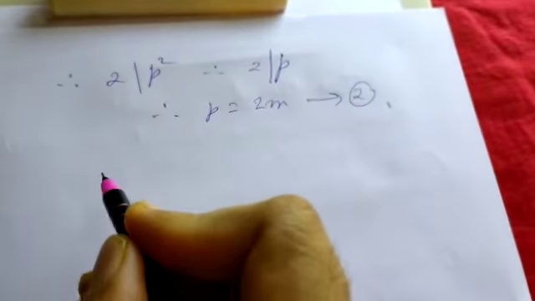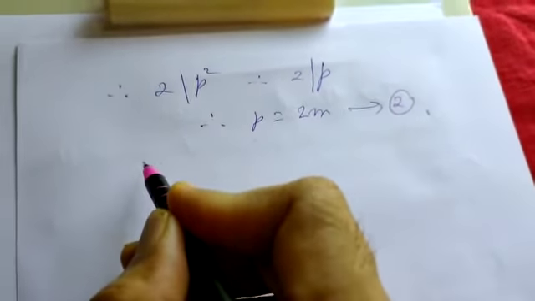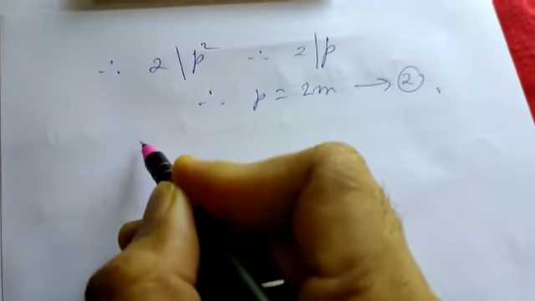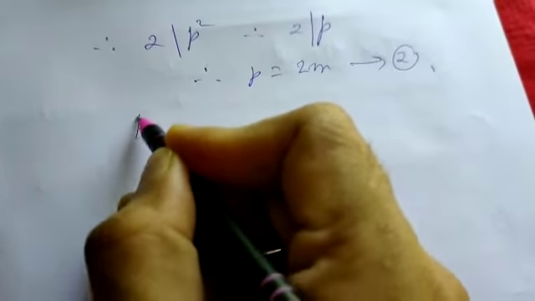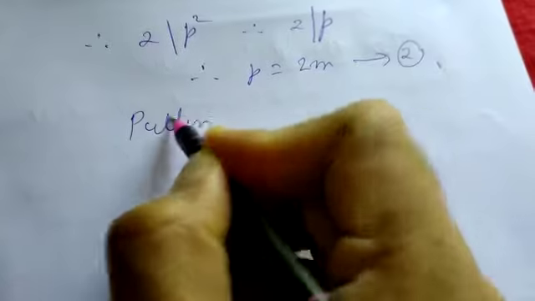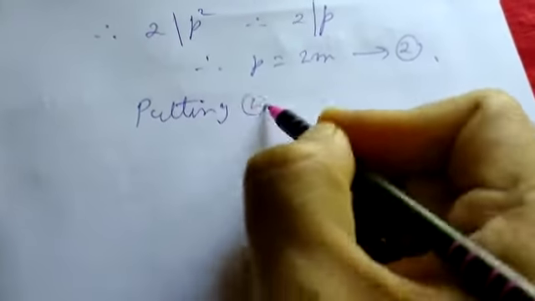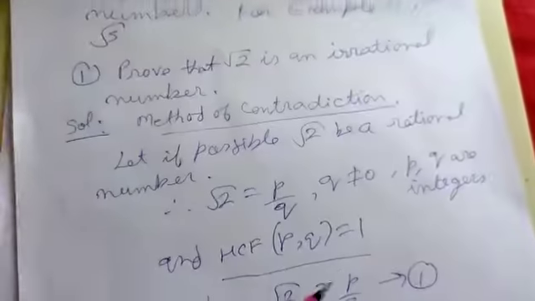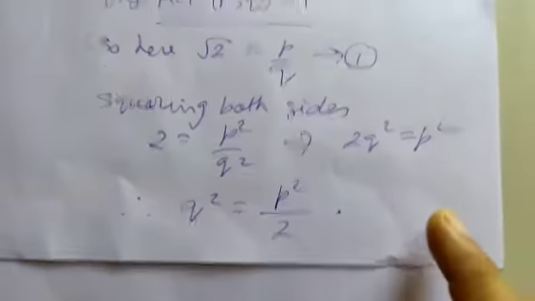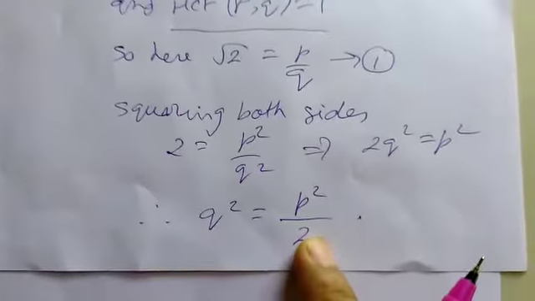Now let us put this in. See here, we'll recall what we have written earlier: q square equal to p square by 2.